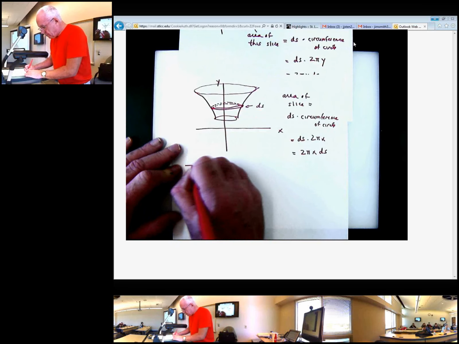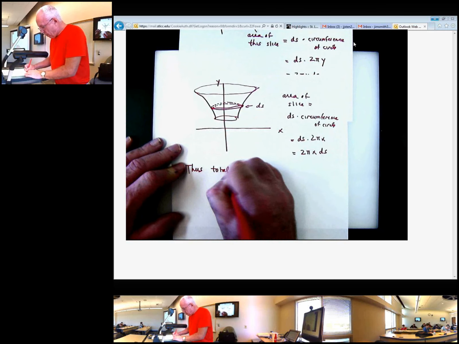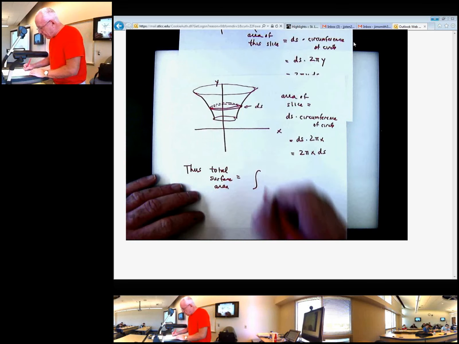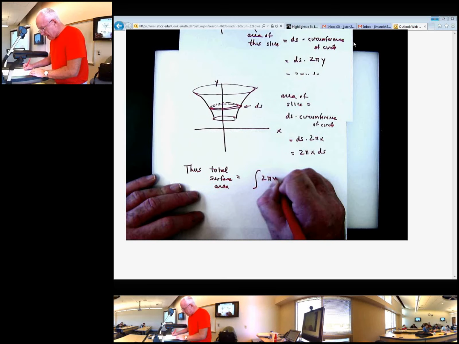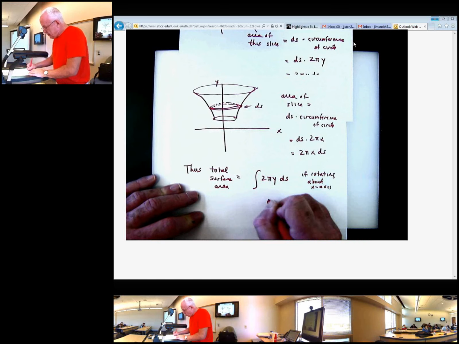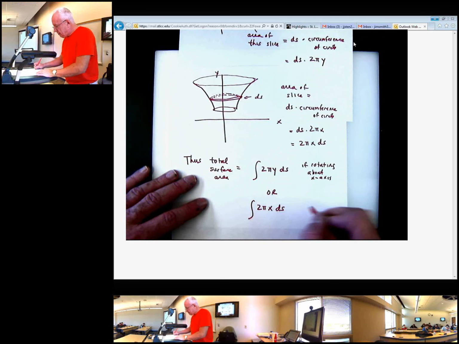Thus, the total surface area is going to equal the integral of 2 pi y ds, if we're rotating about the x-axis, or the integral of 2 pi x ds if we're rotating about the y-axis.